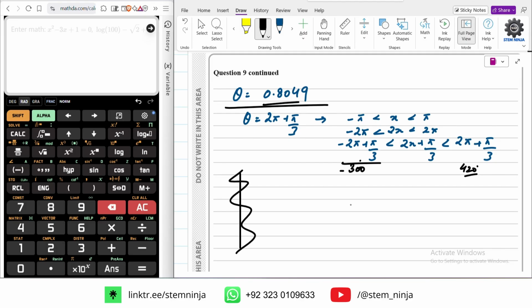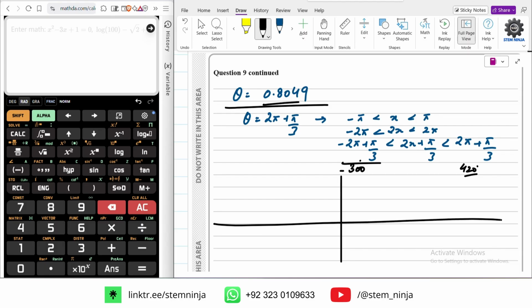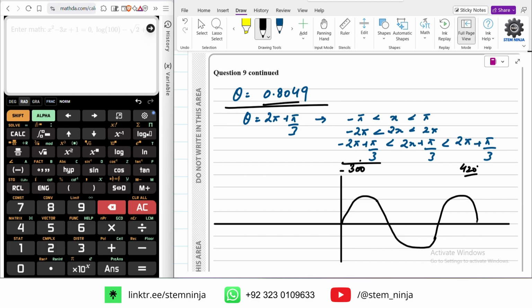If we do this with the graph, that would be the easiest and the most sensible thing to do. So the graph of sine goes, now this is not going to be the exact form, but at least something.